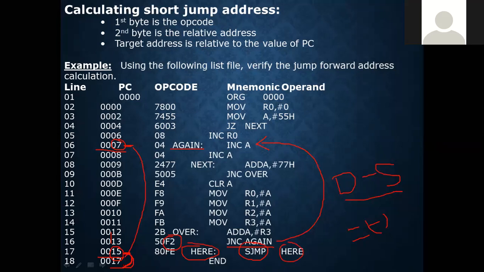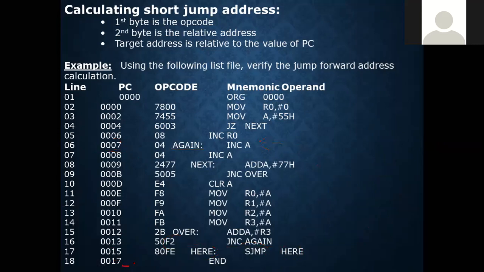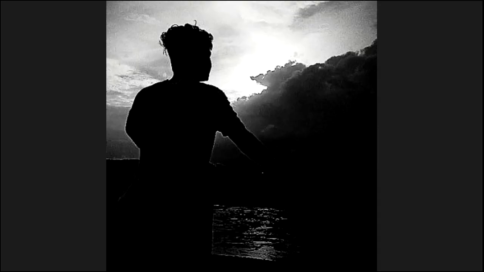So this is also a backward jump, because the jump is occurring from this location to this location. Just calculate the difference, that is 2. Find out the 2's complement of this 2, then you will clearly find it, clear? Yes, sir. Clear. Okay, so I'm stopping this.